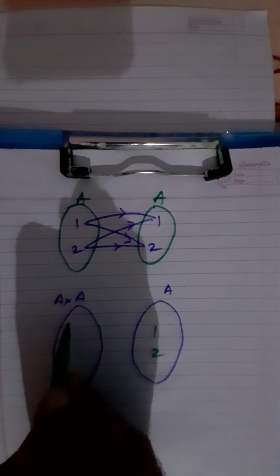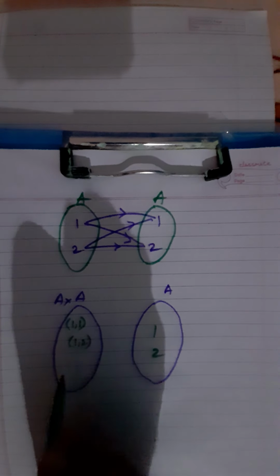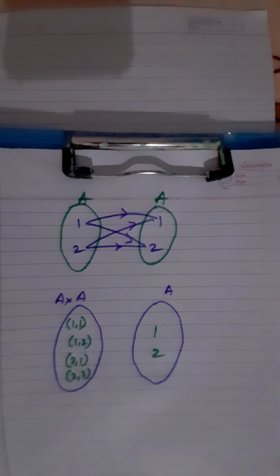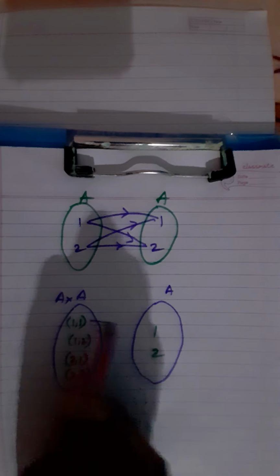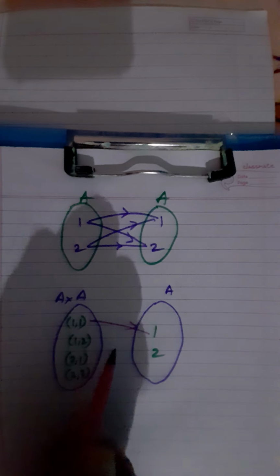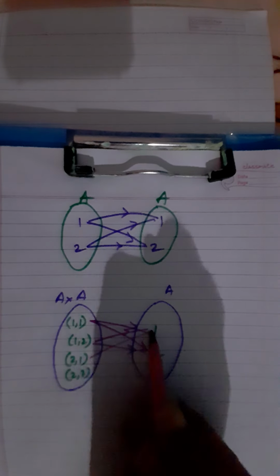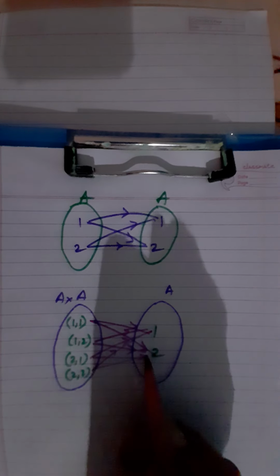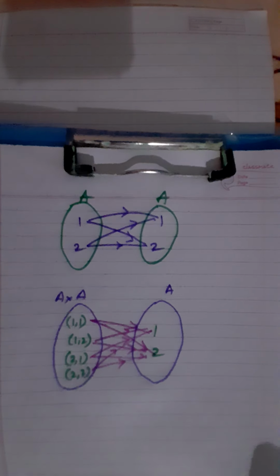And here how do you write 4 elements? There is 1 comma 1, 1 comma 2, 2 comma 1, 2 comma 2. So these things how to represent? This one. Okay. In this way it will go. Clear? This is the diagrammatic representation of the solution.